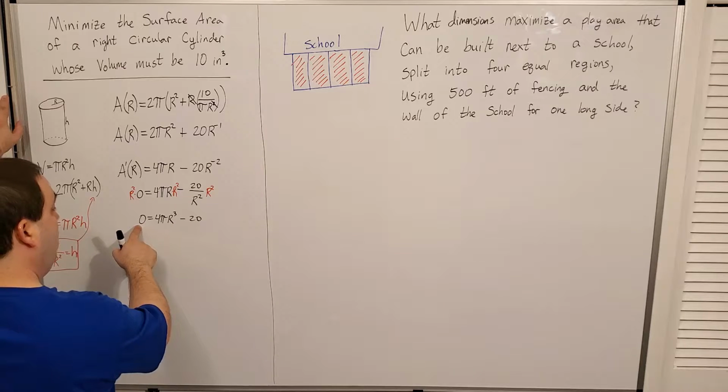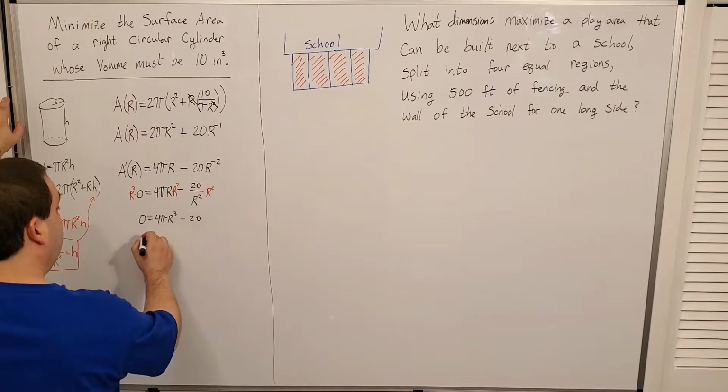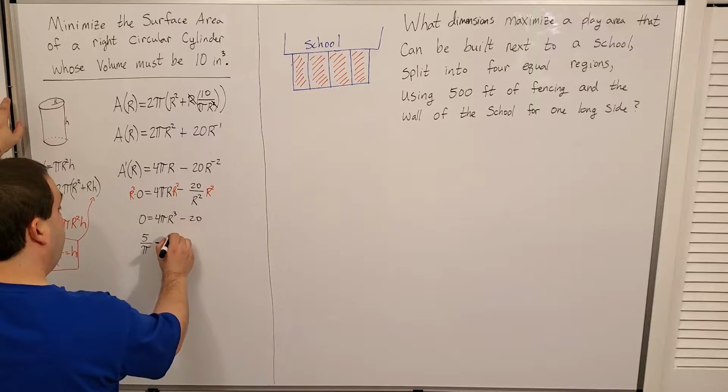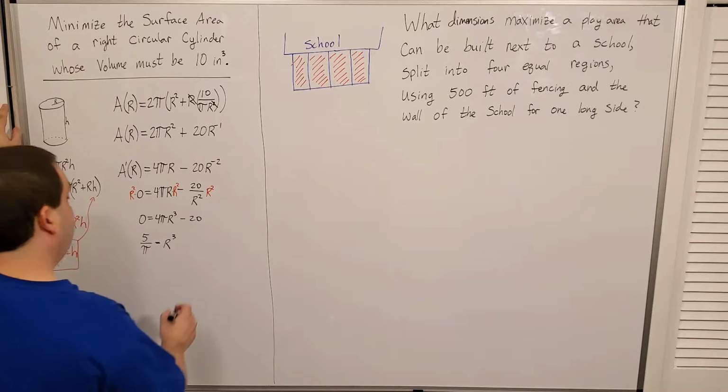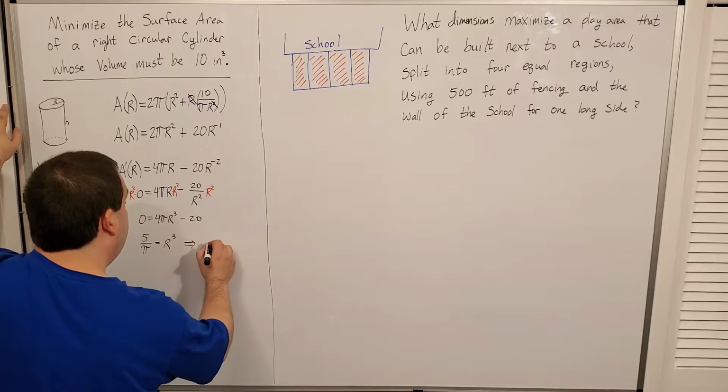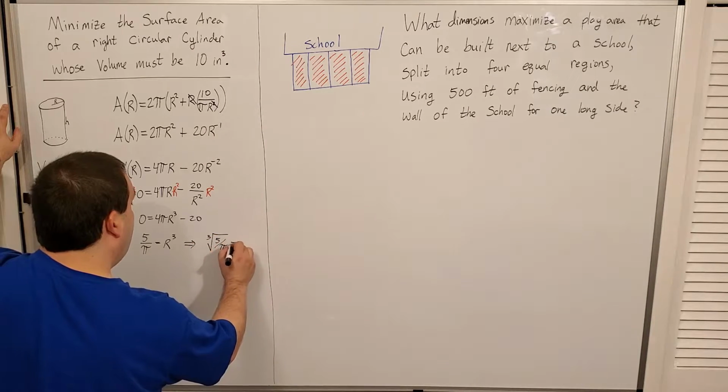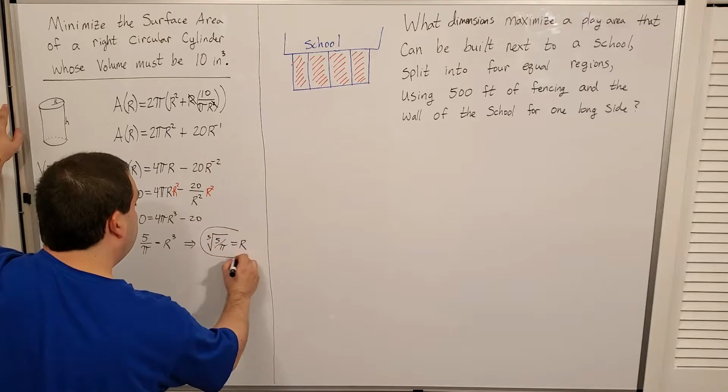Add the 20 over, divide by 4 pi, and I'll have 5 over pi is equal to r cubed, which tells me that the third root of 5 divided by pi is equal to r.